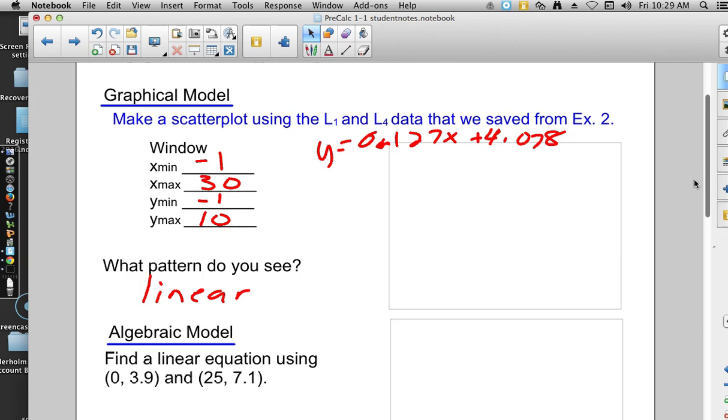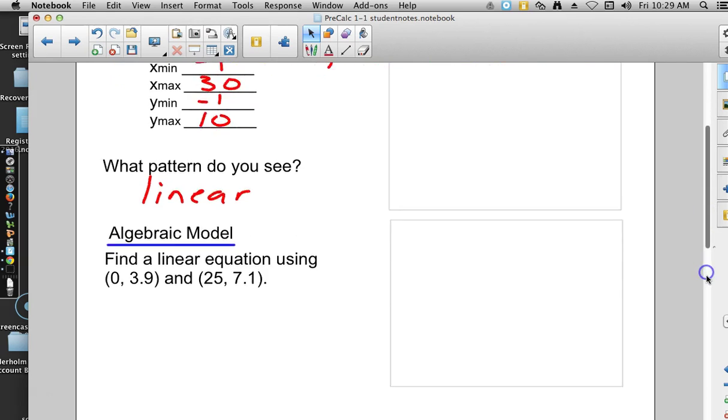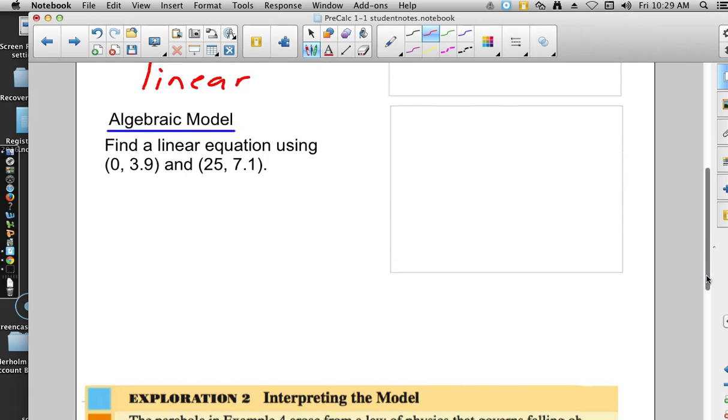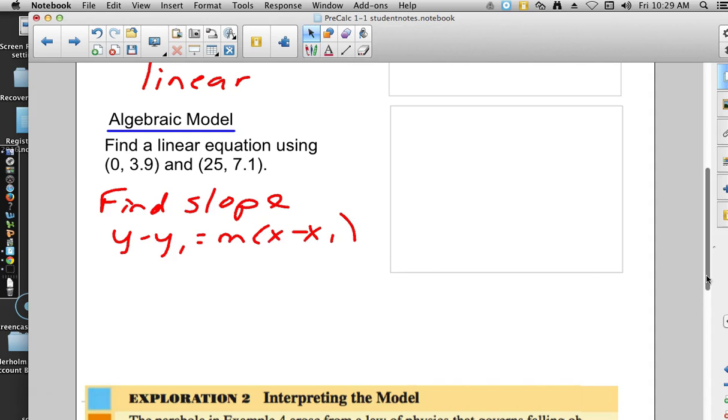Not too bad though, is it? It's not awful. You know, it's not perfect, but it's not awful. And do know that we absolutely could do this by hand. We could just take a couple of points that we have and find the slope and then put it into point slope formula. We've done that again and again, but the calculator is more accurate. So we probably use the calculator for this one to get that linear piece.